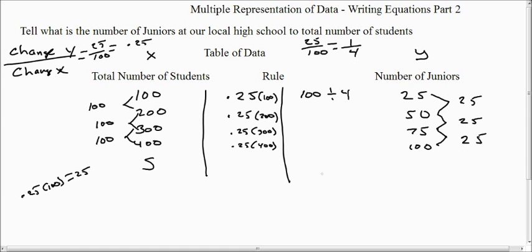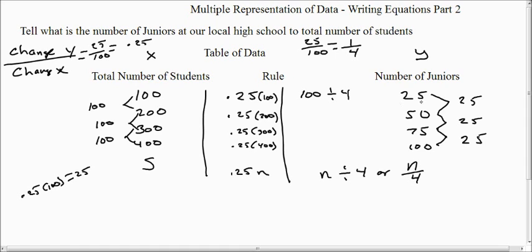So my second rule, instead of 0.25 times n, I can use n divided by 4, or n over 4.